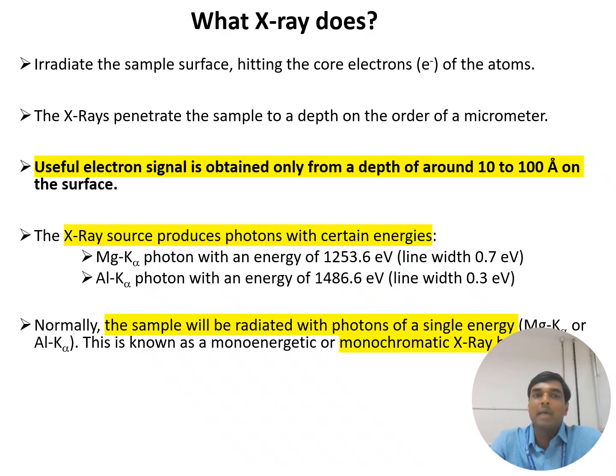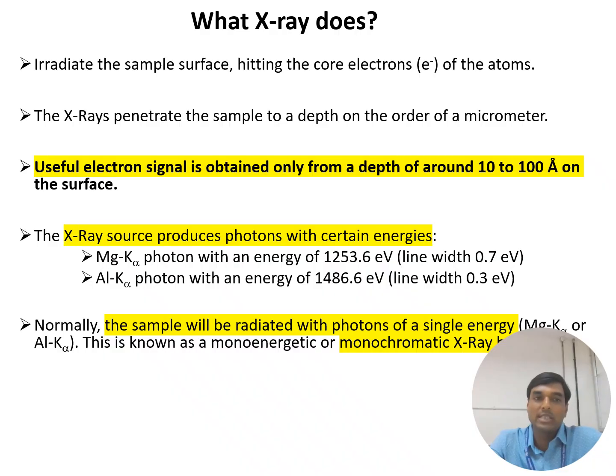So this sample depth is generally at the nanometer or micron level, and electron signals are obtained only from a depth of around 10 to 100 angstrom on the surface. X-rays can penetrate up to micron size, but we'll get useful signals only from 10 to 100 angstrom.